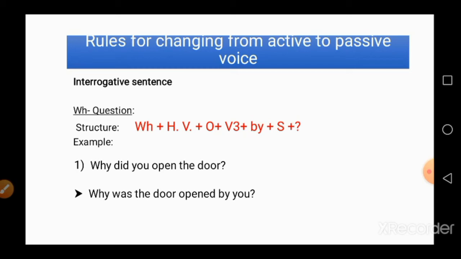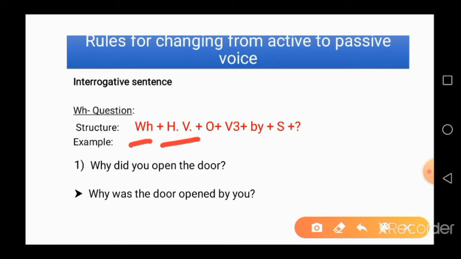If you have seen passive voice of verbal question, where there is helping verb first, and the passive voice of WH question, there is one change only, and that is before helping verb we take a WH word, and after WH word the remaining part is like passive voice of verbal question.